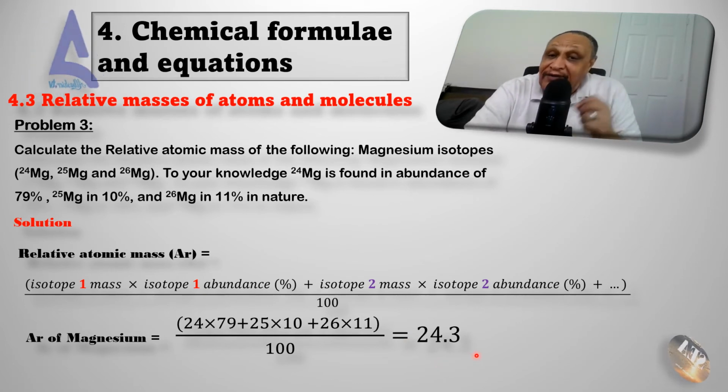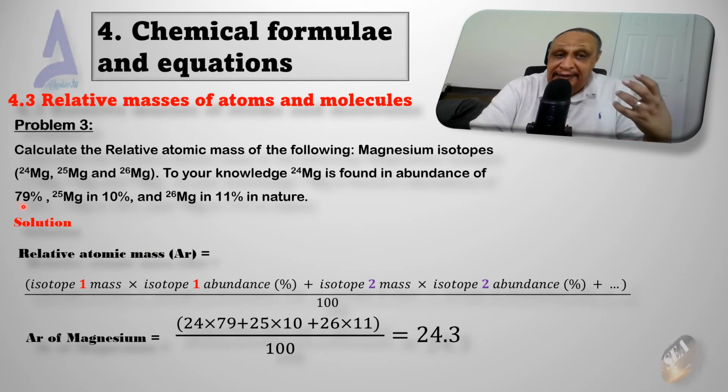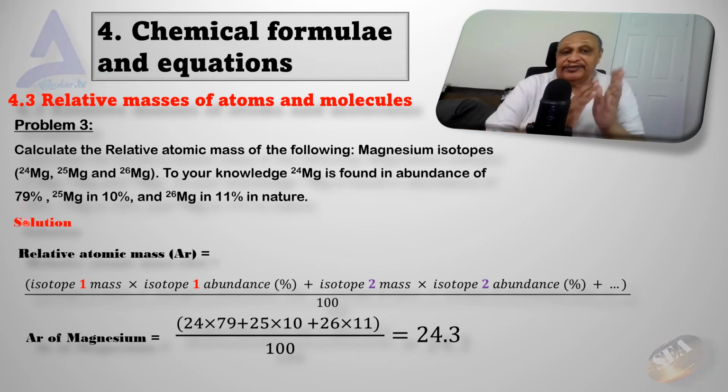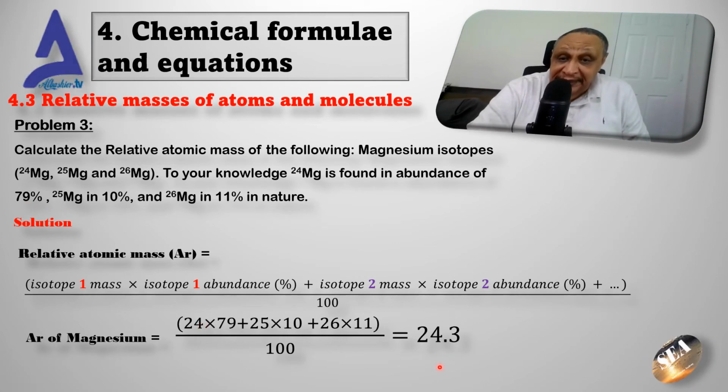And be careful here, it leans towards 24 because it has the biggest contribution, which is 79. So it is near 24. 79% of the magnesium in the whole world is magnesium 24.